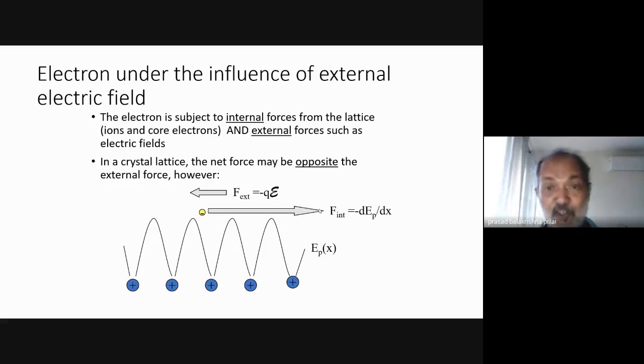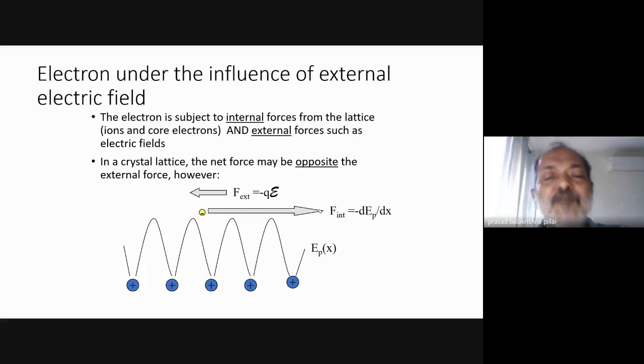So the net force is what is acting. Even if you apply a large force, and you know the mass of the electron, you may not get that kind of acceleration, because there are additional internal forces acting on it.